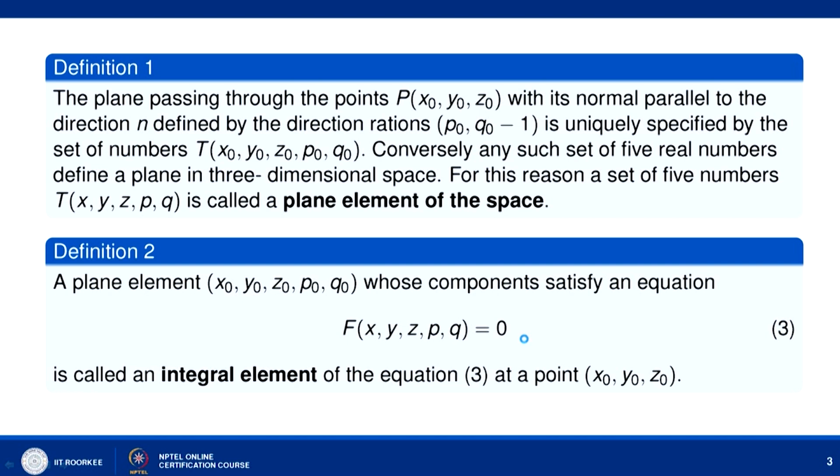To do this, first let us do some basic things. Recall that the plane passing through a point P (x naught, y naught, z naught) with its normal parallel to the direction n, defined by the direction ratios p naught, q naught, minus 1, is uniquely specified by the set of numbers (x naught, y naught, z naught, p naught, q naught).